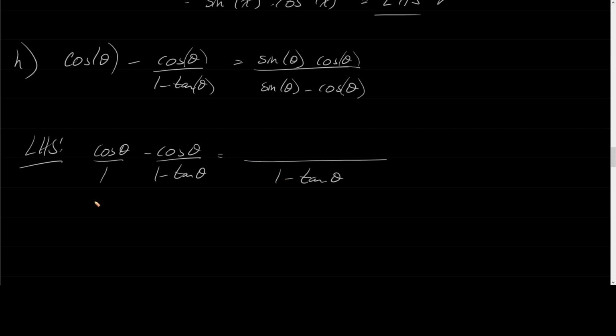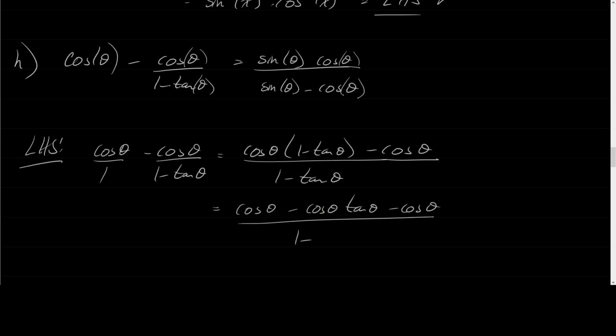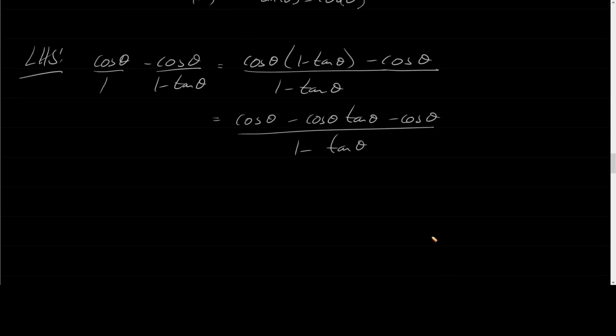Since this cosine is originally over 1, I'm going to start by taking cosine theta and multiplying it by 1 minus tan theta, and we still have this minus cosine theta. Now distribute the cosine theta, so I end up with cosine theta minus cosine theta tan theta, and then that minus cosine theta over 1 minus tan theta. At that point, I see that cosine theta minus cosine theta cancel each other out.